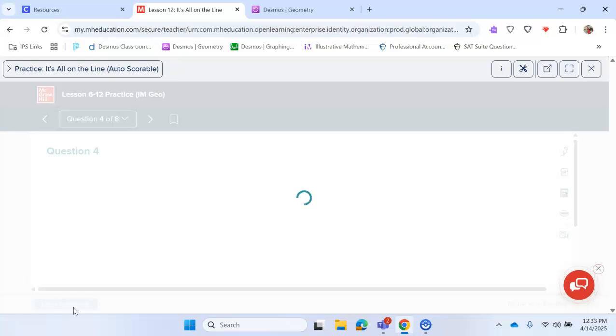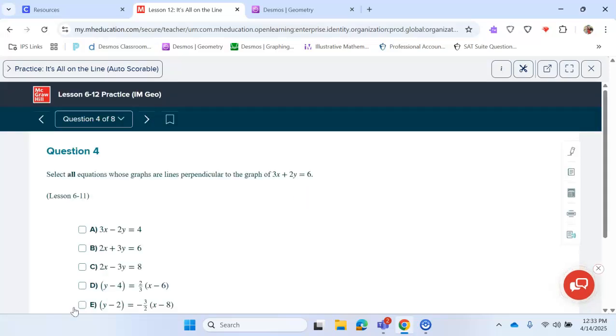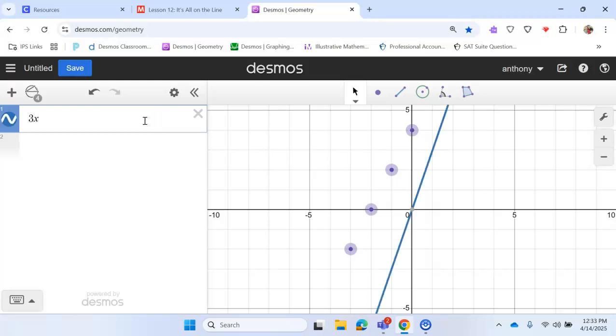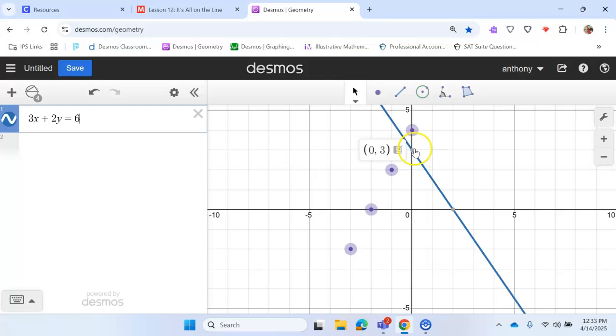Question 4. Select all equations whose graphs are lines perpendicular to the graph of 3x plus 2y equals 6. You can see that that slope is down 3, right 2, so -3/2.